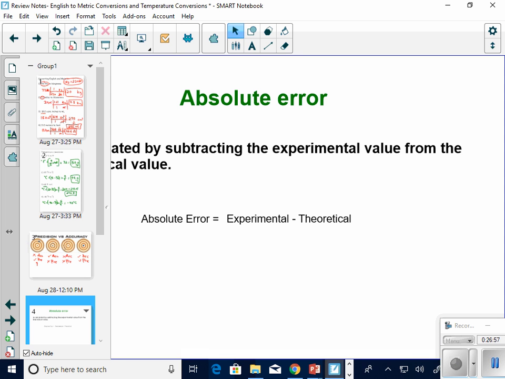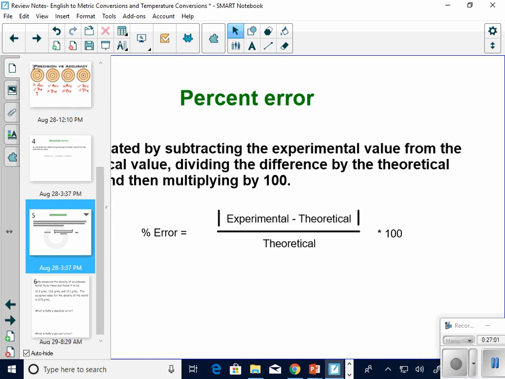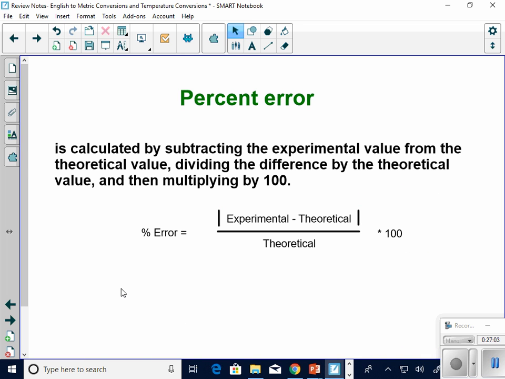That leads us now to percent error. So go ahead and get this baby into your notes. Now the percent error is equal to the absolute value of experimental minus theoretical. Okay? Well, what is experimental minus theoretical? That's the absolute error, right?